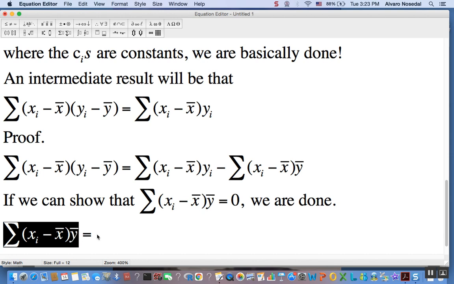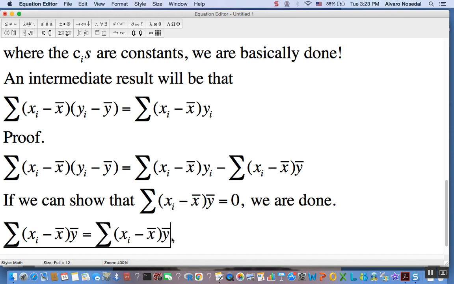The sum of xi minus x bar times y bar happens to be the same as y bar times the sum of xi minus x bar. You guys agree? Now let me just do the sum.